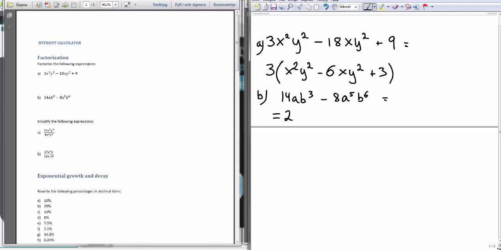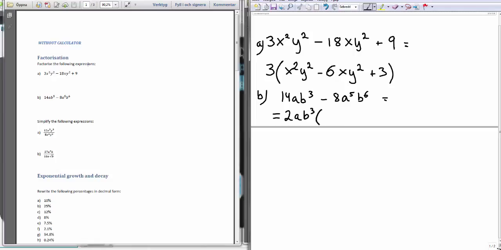Then we have to look at the a's. We have only one a here, and here we have a to the power of 5. So this is the lowest. This will be the limit for us. So a, only one a, and then we'll look at the b's. We have b to the power of 3, b to the power of 6. This is the kind of the limit when it comes to b's. So we have to write b³.